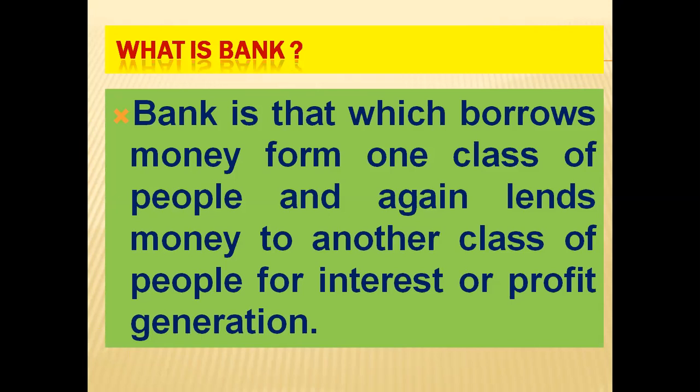Why are banks providing that? Because it is giving profit to the banks. Those who borrow from the bank have to return the principal along with the rate of interest. Therefore, the bank borrows money from one class of people and lends money to another class of people for interest or profit generation.